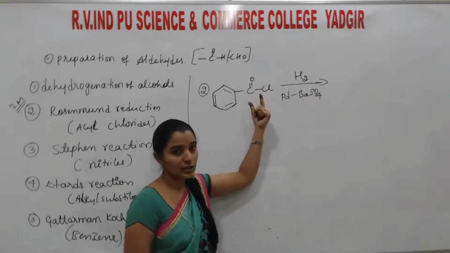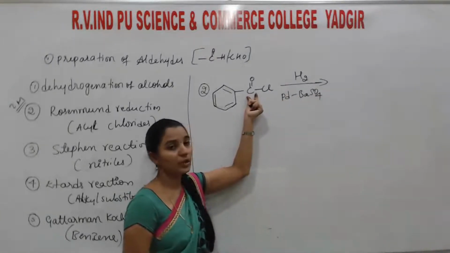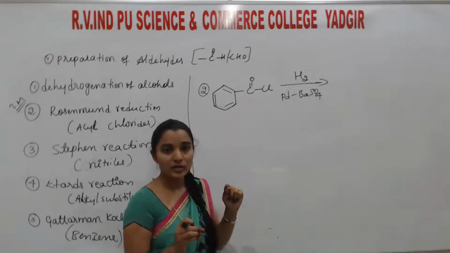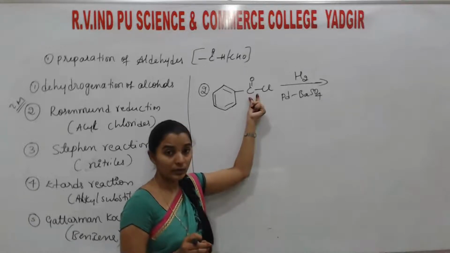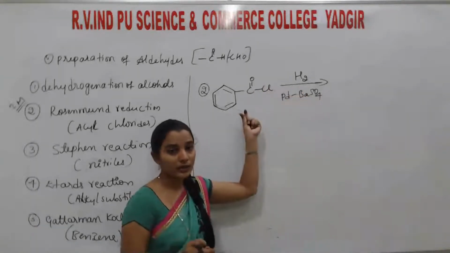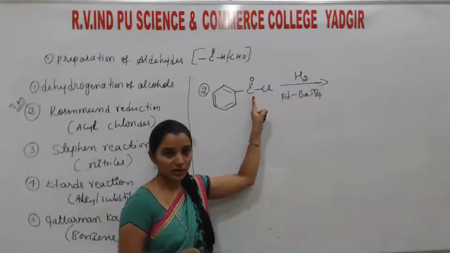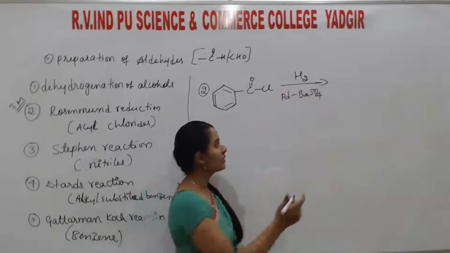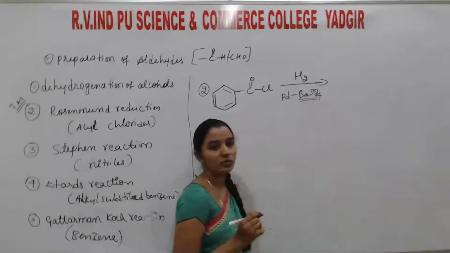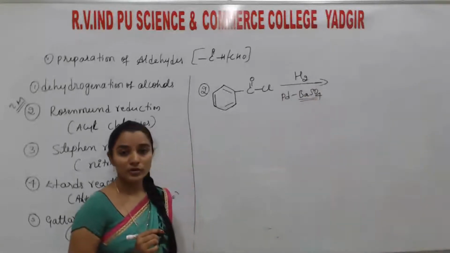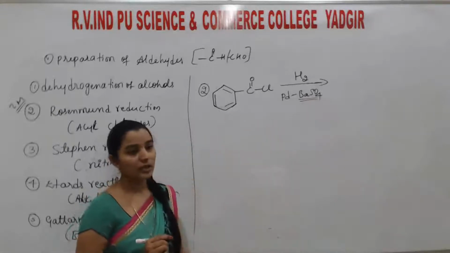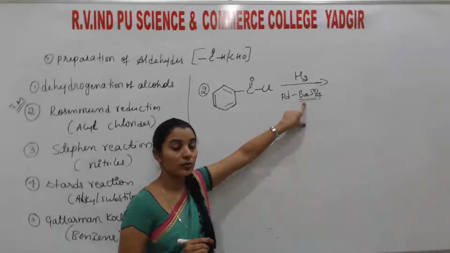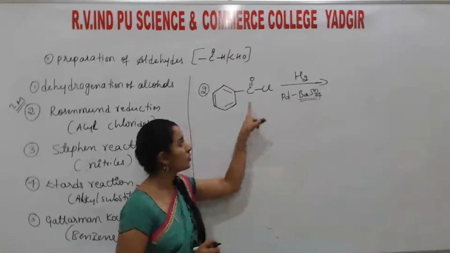If hydrogenation takes place and we don't control the reaction, it is completely converted into an alkane, benzene attached to CH3. Both O and Cl are removed. To control that reaction, we are using BaSO4, the catalytic poison. This is the catalyst, and this is used as a catalytic poison to control the reaction and prepare aldehyde.